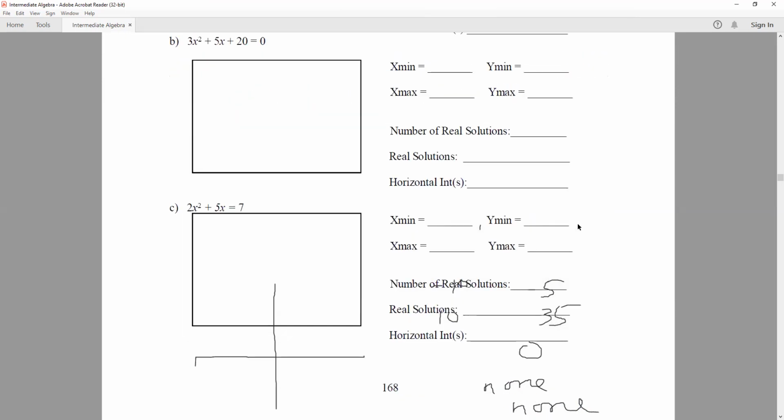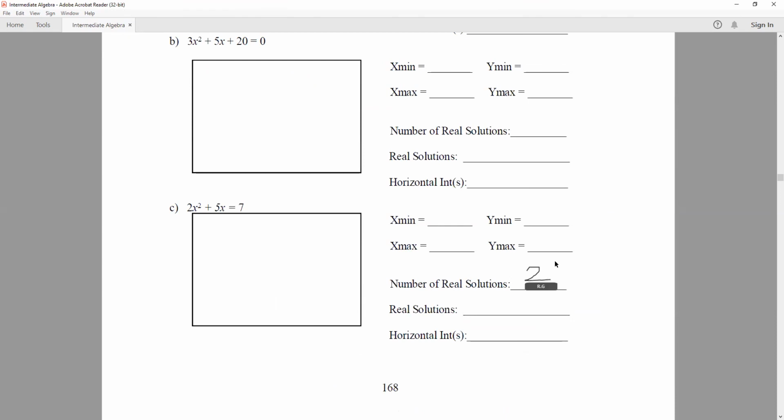Now the last one, I'm going to leave it for you to complete. But if you need the answers to that, for the window, it depends on you and what you do for the window. So for the real number solutions, there are 2 solutions. And then what are the solutions?